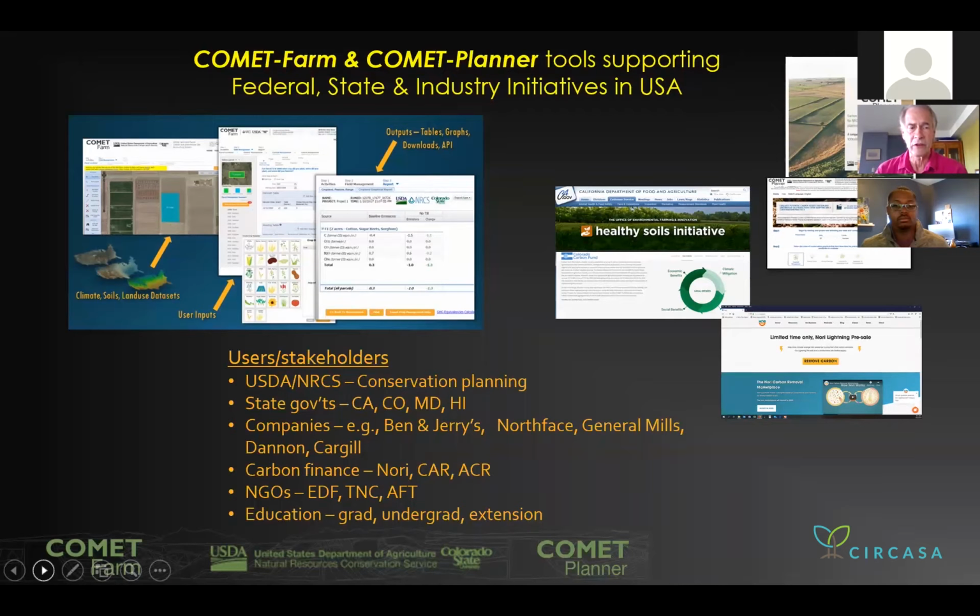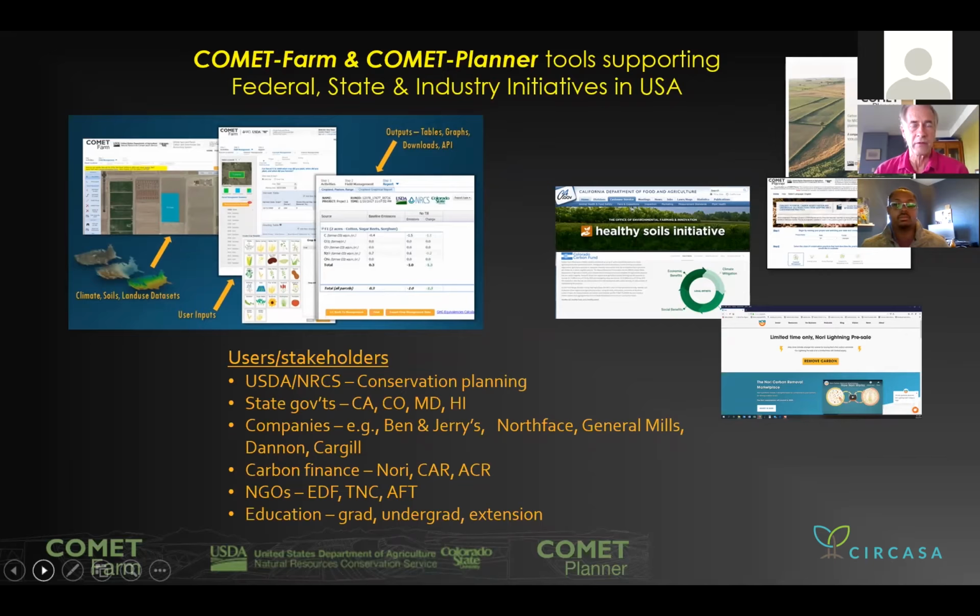We've done a lot of work with NGOs, particularly in the US, again, with Environmental Defense Fund and Nature Conservancy and American Farmland Trust. We've got quite a few education users in both classes and other kinds of things. So that gives you an overview of what the tool is and how it's being used in the US.